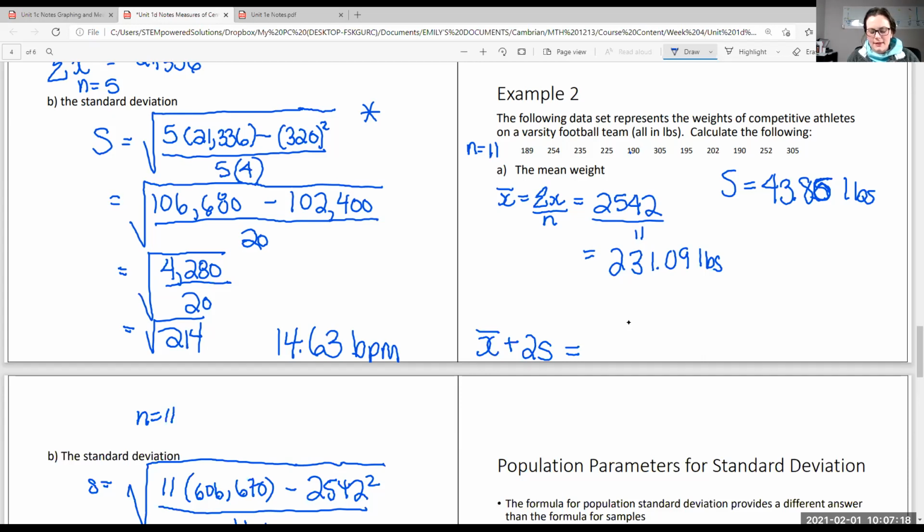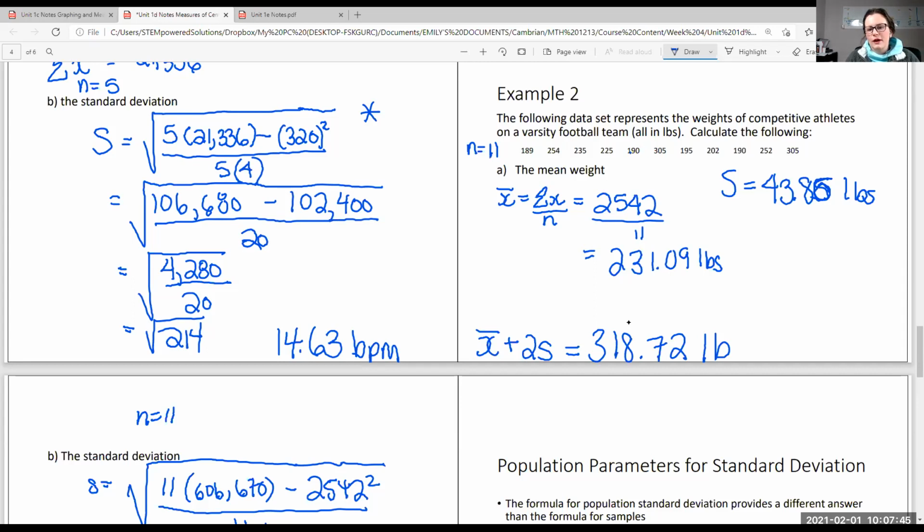So I would take the average, which is 231, and add 2 times 43.86, and I would get 318.72. So if a player is within 318 pounds, then it's not statistically significant to say that he weighs 300 pounds.